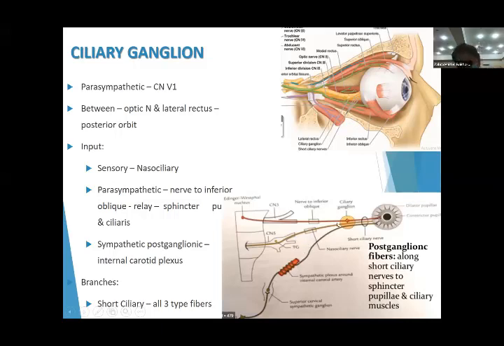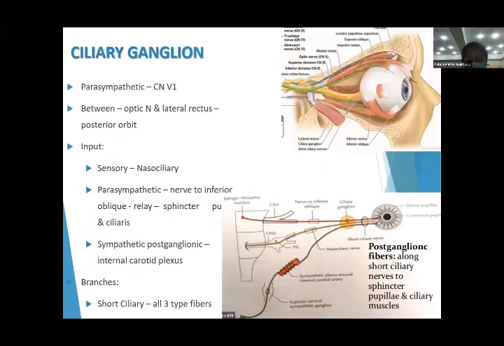They pass through the ganglion, do not relay, pass through the short ciliary nerves, and go and supply the dilator muscle. Through these short ciliary nerves, parasympathetic, sympathetic, and sensory fibers all pass. So short ciliary nerves convey all three types of fibers.